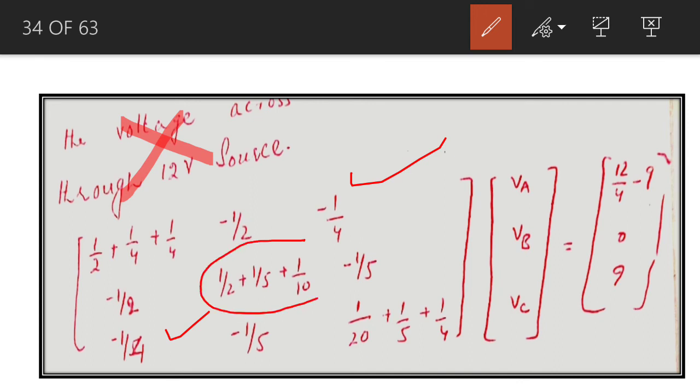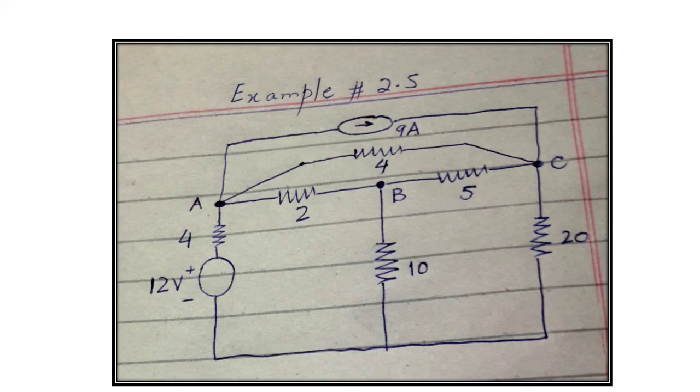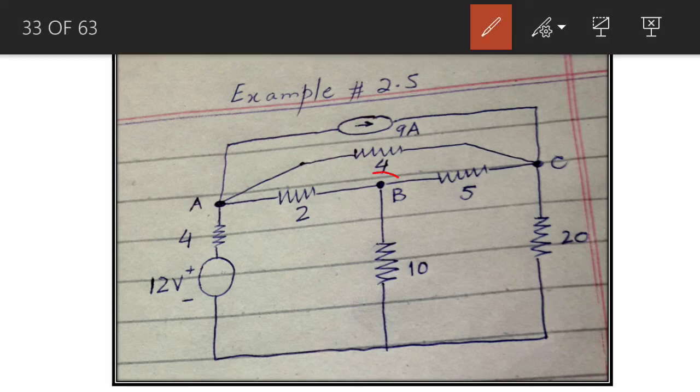This is the value of G22, and if you focus on the value of G22, we conclude that a resistor of 2 ohm, a resistor of 5 ohm, and a resistor of 10 ohm have been connected to the second node. So for G22, we consider all the resistors which have been connected to the second node.